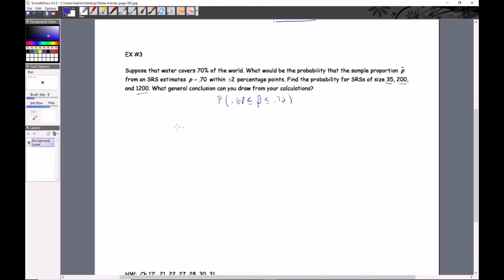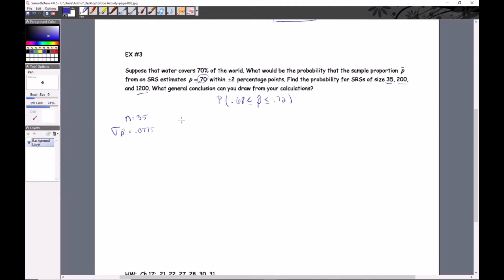All right, so we'll start out here with n equals 35, and we already know that sigma sub p hat is 0.0775. That's what we've been working on all this time. Remember, this is a central calculation. These values are to either side of 0.7, so it's the middle part of your curve.